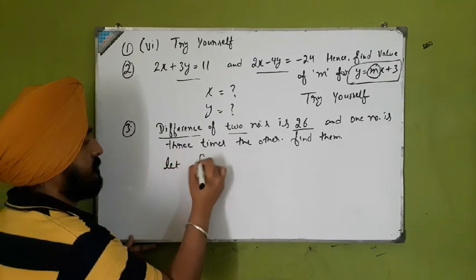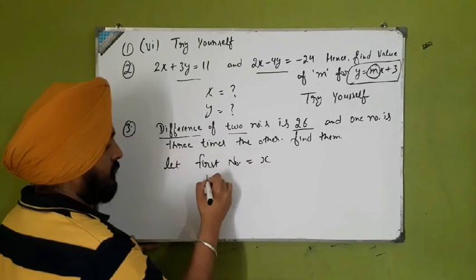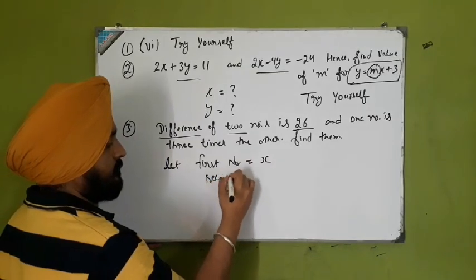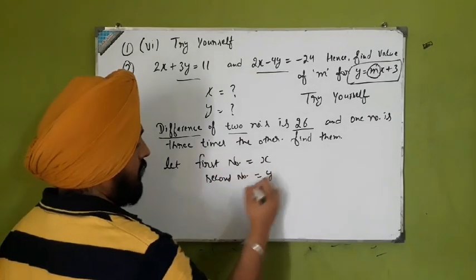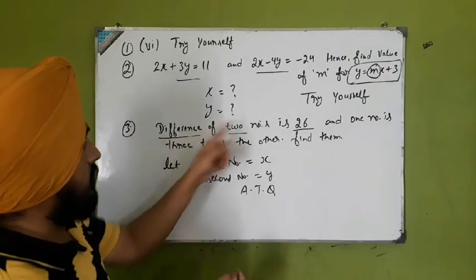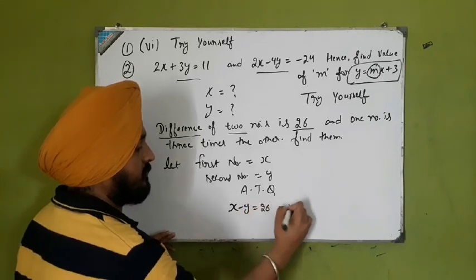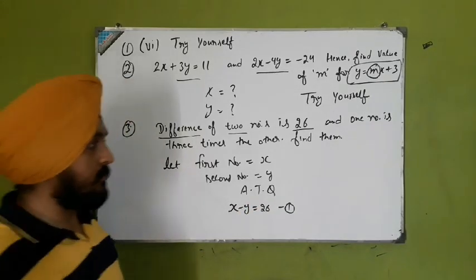So let the first number be x and the second number y. According to the question, the first condition, difference means x minus y, that is 26, equation number first. Clear?